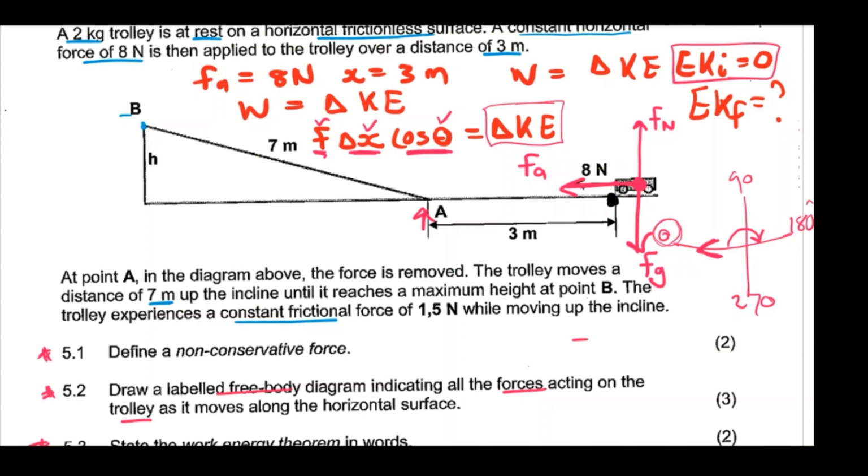So now, just by writing this here, F multiplied by delta X cos of theta is equal to the change in kinetic energy.